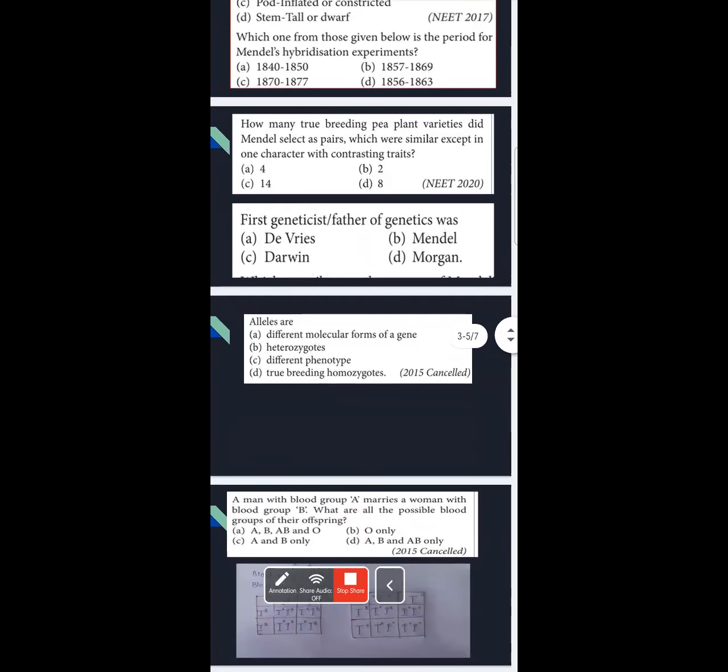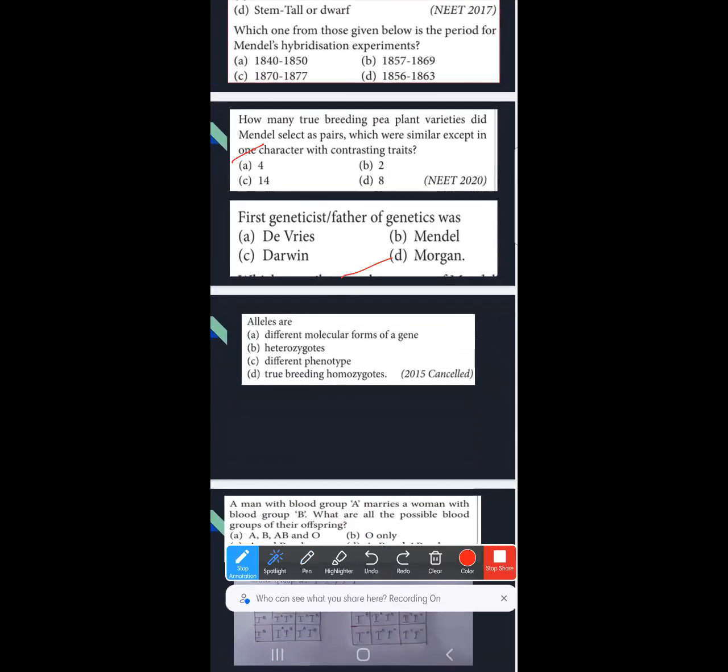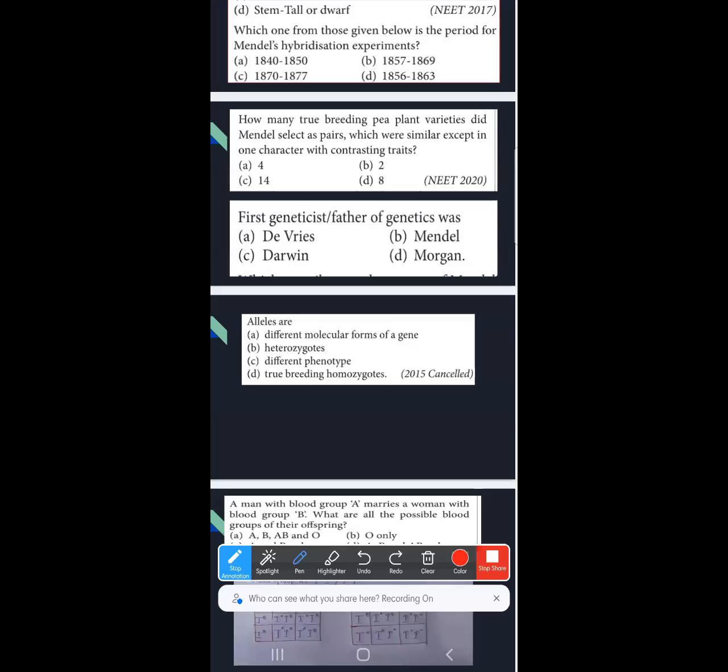Next question: how many true breeding pea plant varieties did Mendel select as pairs which were similar except in one character with contrasting traits? The answer for this is 14.